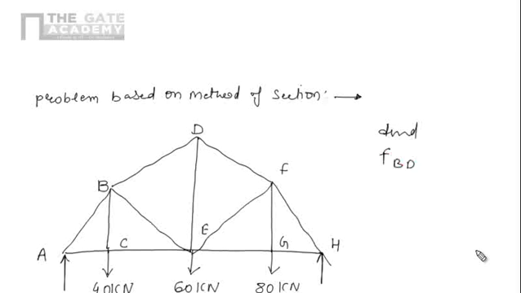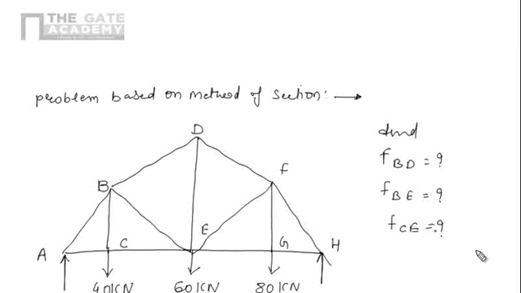Now our interest in that problem is to find the force in BD, force in BE, and force in CE. Means we are interested in forces in a few members. We are not interested in forces in the full truss, that is, forces in each and every member of the given truss.